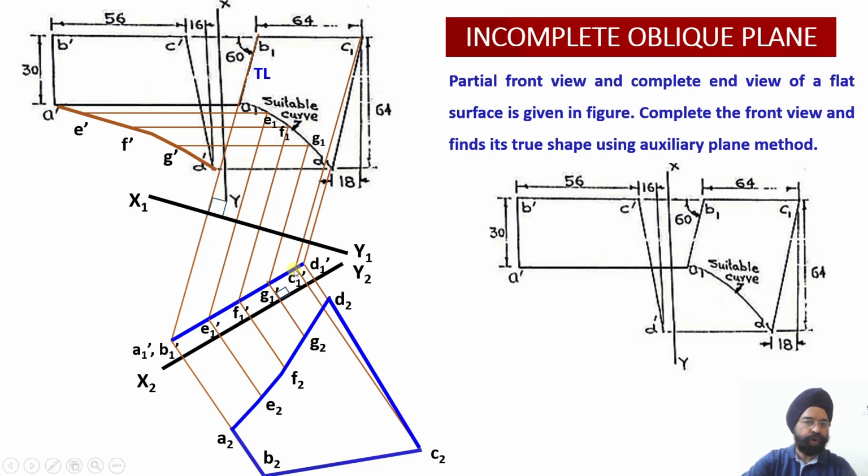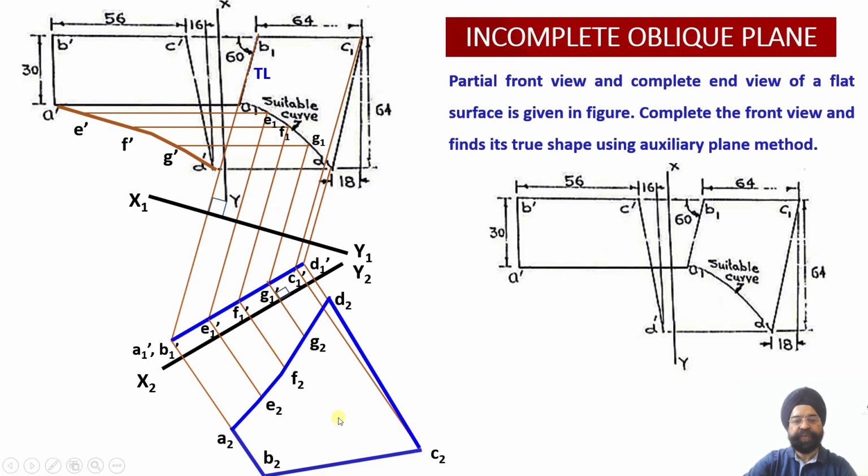So just see, this is the locus of C1 dash, and I'll project it from here. From this X2, Y2, I have to measure all these distances. So this is the distance of C2. Similarly, D2, just see, this is the distance of D2. So I'll measure this distance, put it over here. Similarly, distances of E, F and G have been marked over here.